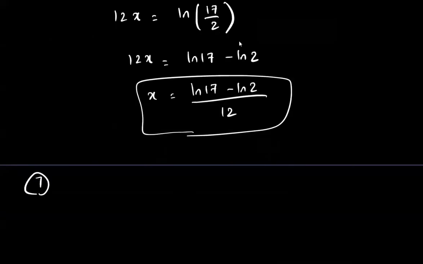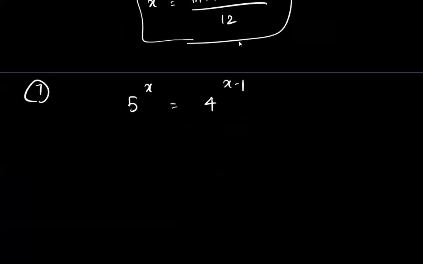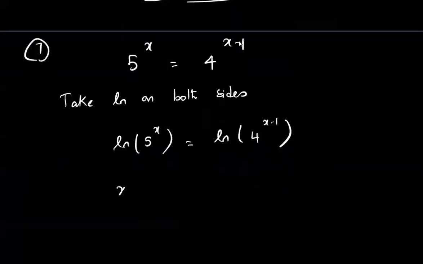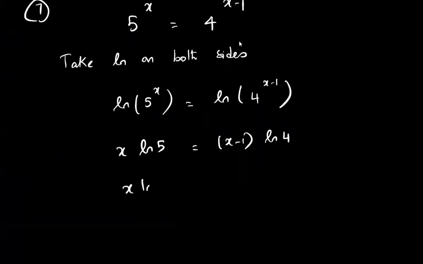This is where you have two exponents of different bases. So you take log or ln on both sides, because when you do so, you're not actually changing anything, right? Then the power becomes a coefficient. In the left-hand side, we are good, but in the right-hand side, I have to distribute.